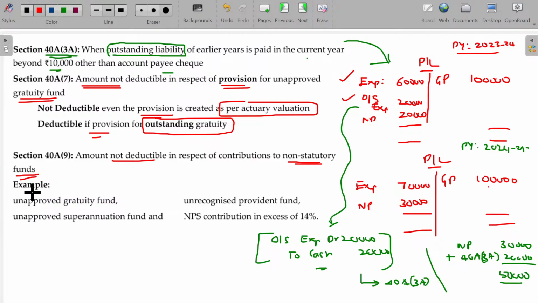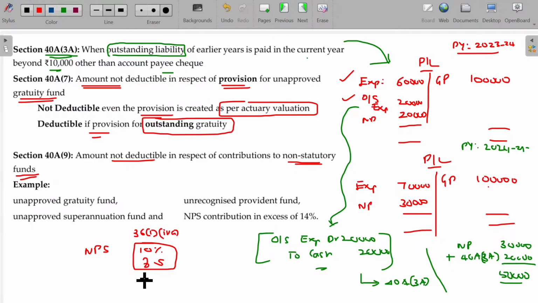Is that okay? So you know that NPS, how much is deductible? Up to 10% of salary is deductible. Am I right? We have studied under what section? Section 36 class 1 subclass 4A.